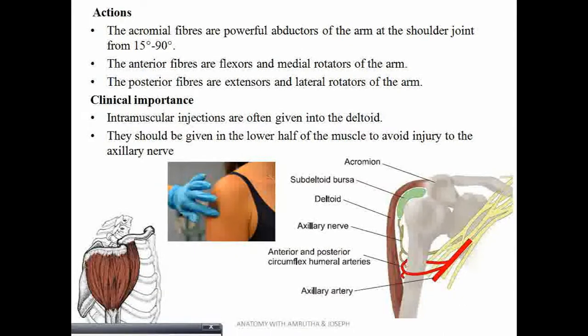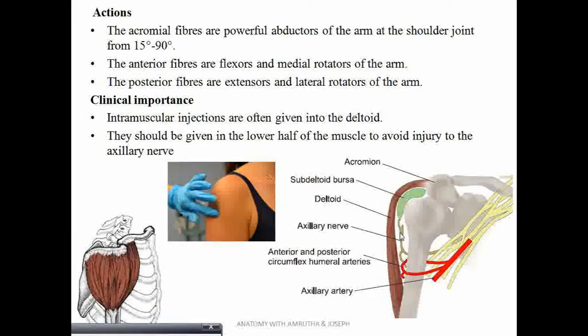Clinical importance is that intramuscular injections are often given into the deltoid. They should be given in the lower half of the muscle to avoid injury to the axillary nerve. The axillary nerve is closely related to the deltoid muscle on the medial aspect of it, where it is encircling the surgical neck of the humerus.